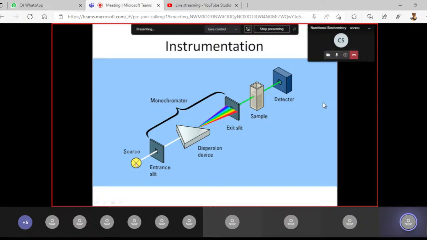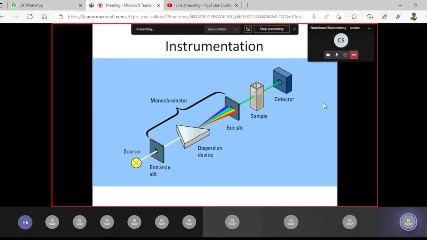Here for UV light range, which is the light source? Deuterium or hydrogen lamp for UV light, and tungsten lamp for visible range. Very good. Monochromator, in case of colorimeter, glass filters are used.